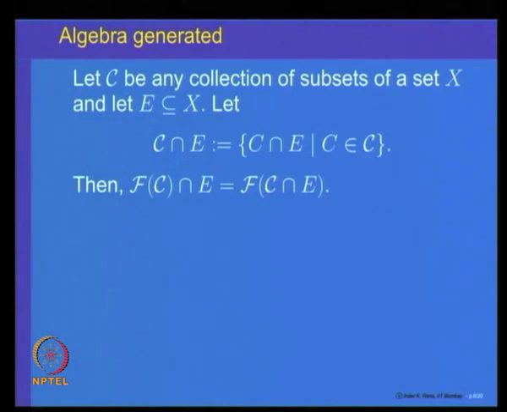It is the algebra of subsets of E generated by the collection C intersection E, and the claim is that F of C intersection E is the same as you first generate the algebra by C. So, this will be the algebra generated by the collection of subsets in C, these subsets of X. So, this is an algebra of subsets of X, take its restrictions to E, and that is the same as this.